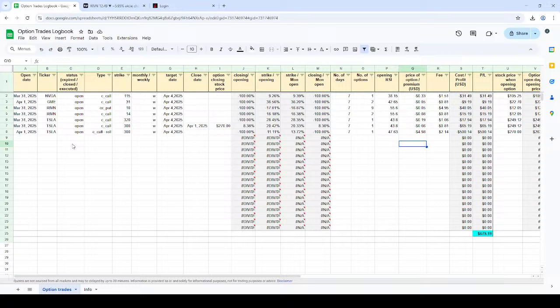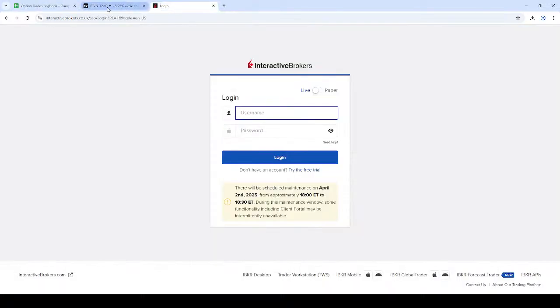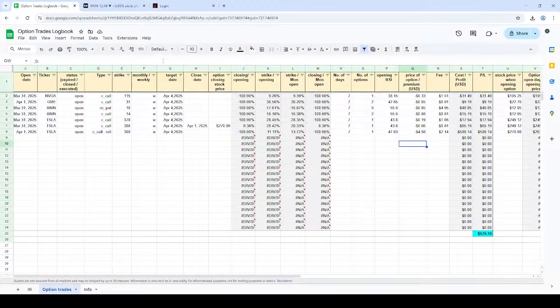So what I have in my portfolio are stocks that I want to keep for a long time, and I have also some speculative stocks, which I believe could go up 5 times or maybe 10 times.